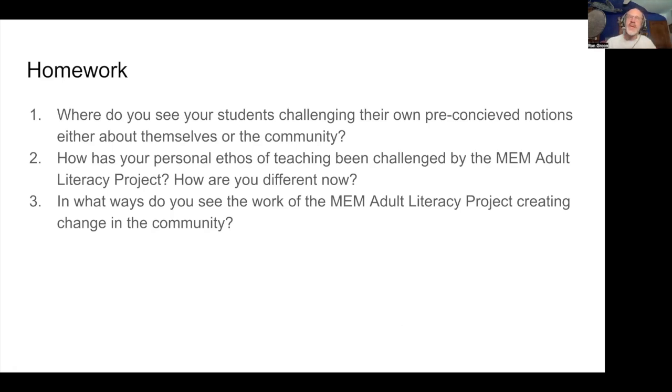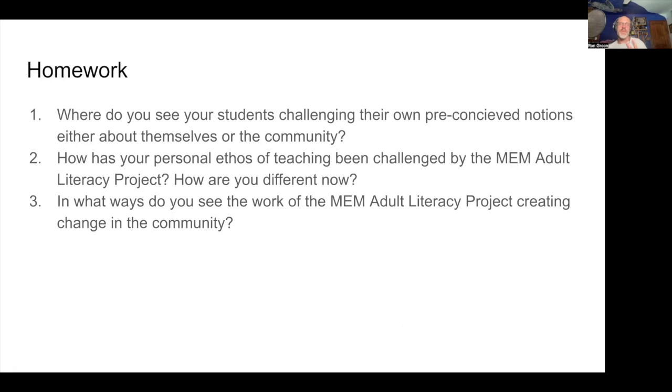The idea is that yes, they are learning to read and write, but the content that you're talking about in your classes is more than just reading and writing. It's everything. It's what they eat. It's how they raise their children. It's how we treat our neighbors, how we express love and grace, right? So, in what ways is that happening? Are you seeing that in your students in the class?